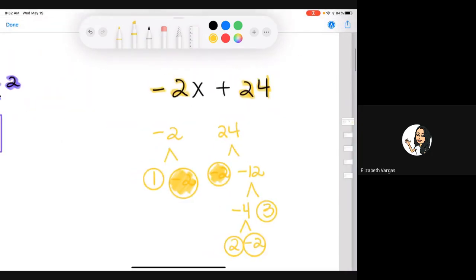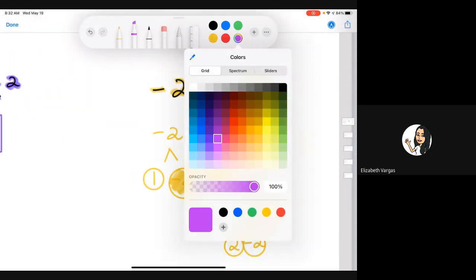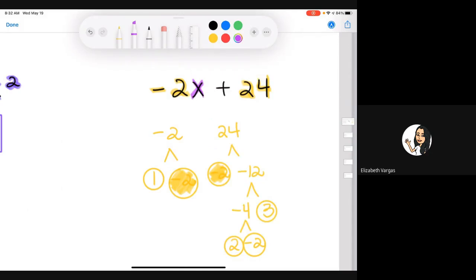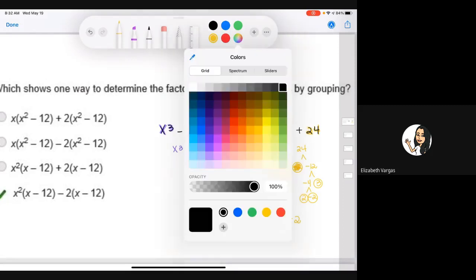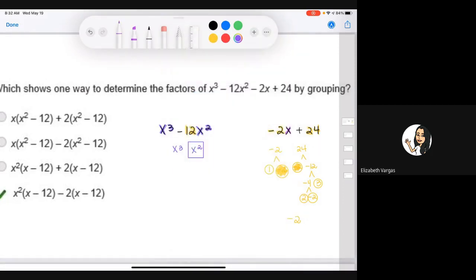Now I want to see, only one of the expressions has an x, the other one does not. And so therefore, I don't want to factor out an x. I only factor out an x if I have two x's. So therefore, there I have my factors. So I can go ahead and write those again. The factor of this one was x squared.